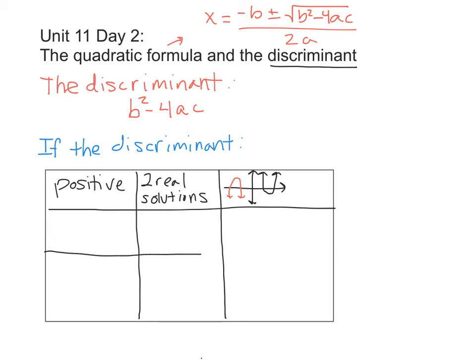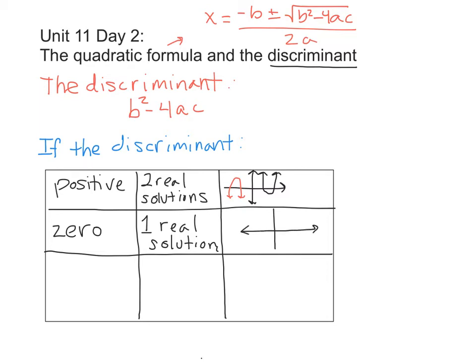If the discriminant is 0, then there is 1 real solution. All right, so 1 real solution looks like that.